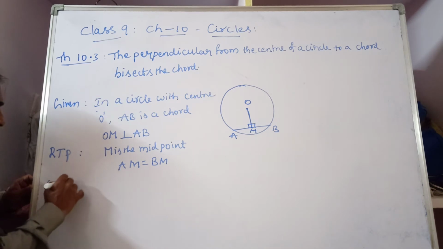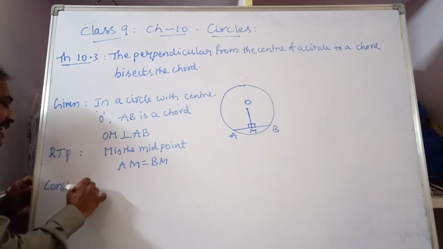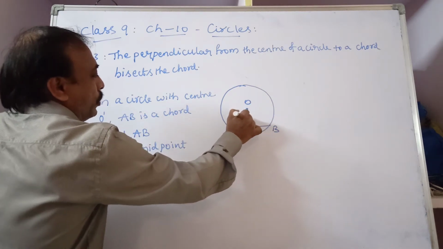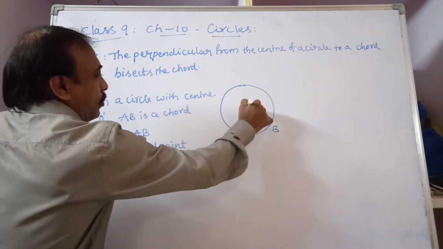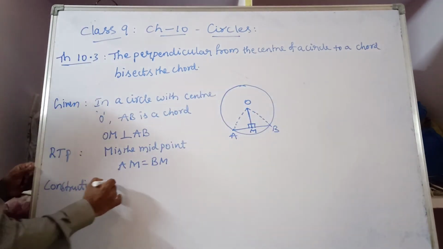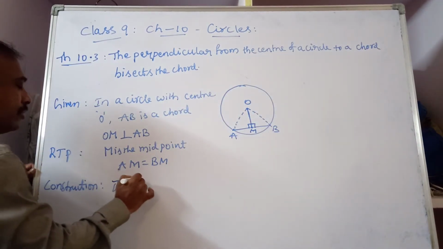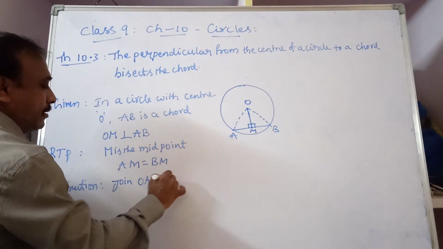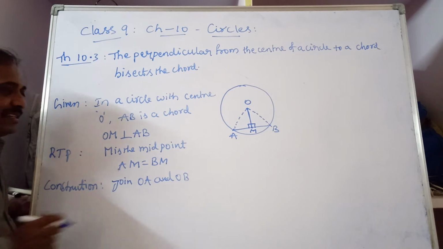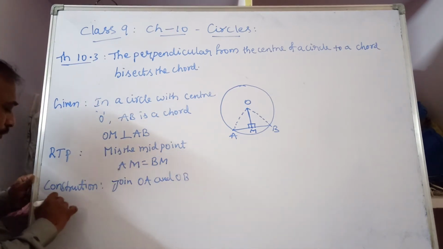So construction. What is construction? Just join O to A and O to B. Join OA and OB. What do you call OA and OB? Radii. Yes. Now proof.